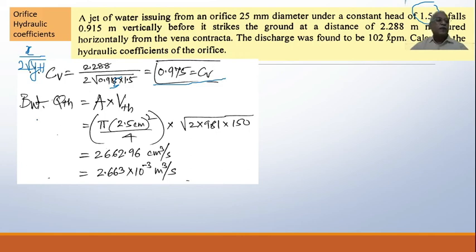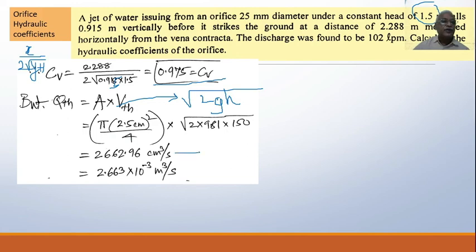This is CV. Now let me calculate Q theoretical here. So cross-sectional area multiplied by theoretical velocity. Theoretical velocity is given by, if you remember, root 2GH. So I have substituted root 2, G is 9.81 or 981 if you want in centimeter square, right? 150 is the head, that is 1.5 meters. So pi d squared by 4 is the cross-sectional area of the jet, because 2.5 centimeter is given.